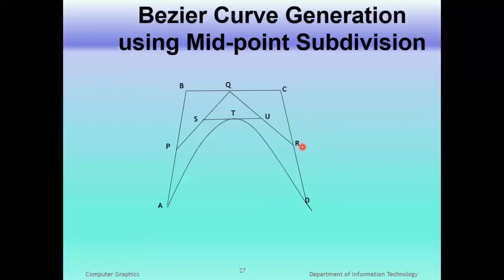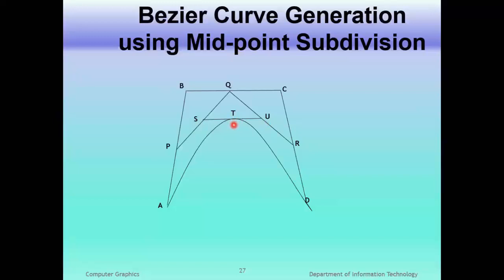After that we join PQ and QR, then again find the midpoint of these newly generated lines. For PQ we have midpoint S, and for QR we have midpoint U. Then form a line connecting S and U and find the midpoint of this line as T.